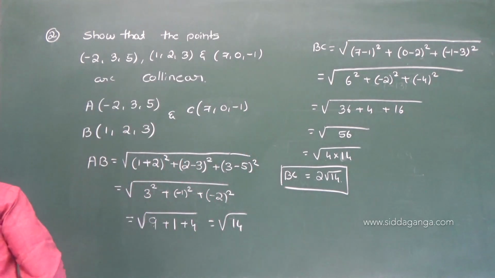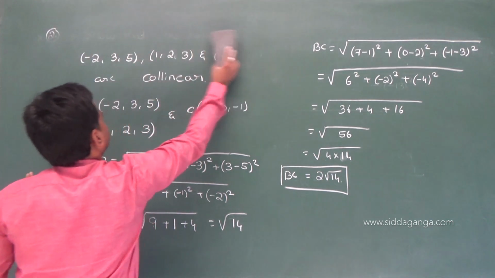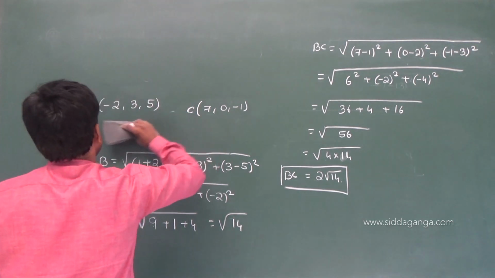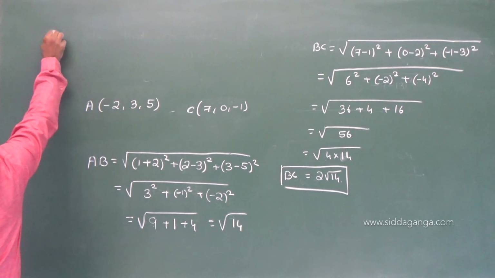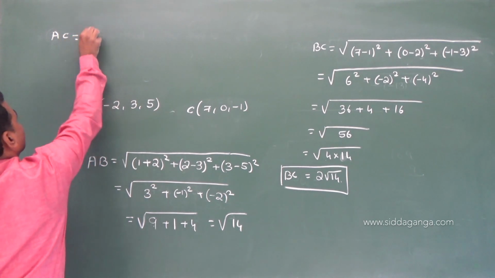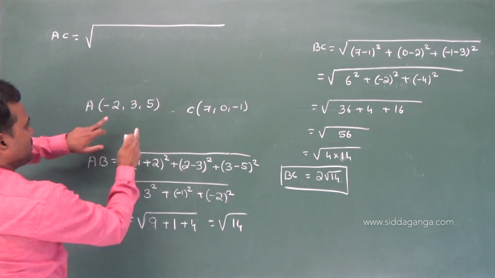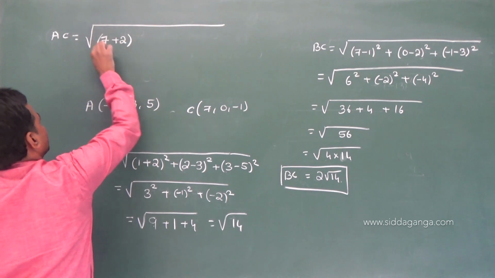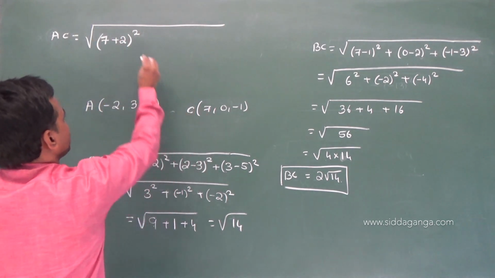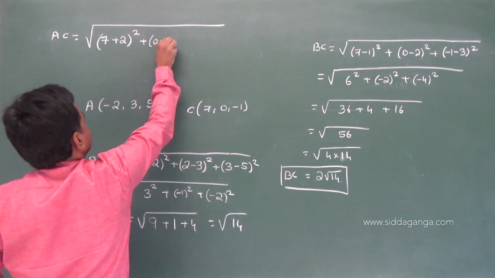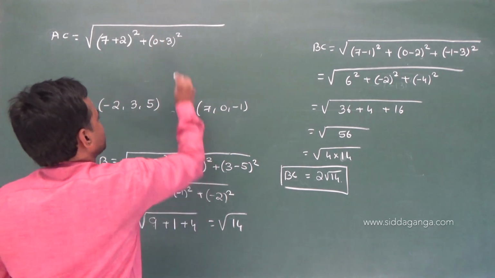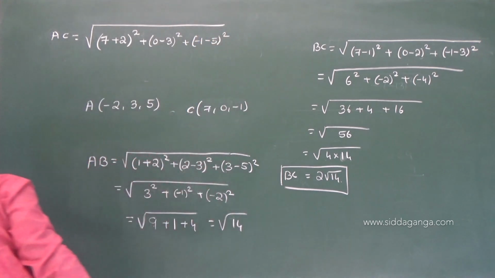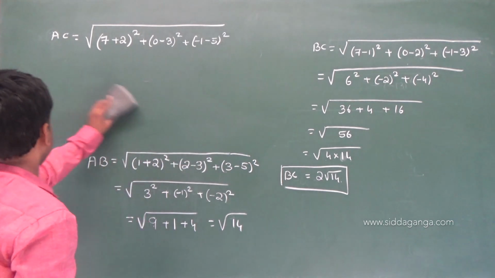Next, lastly, we find the distance between A and C. Correct? Distance between A and C: AC is the square root of (7 minus (minus 2)) whole square, plus (0 minus 3) whole square, plus (minus 1 minus 5) whole square.